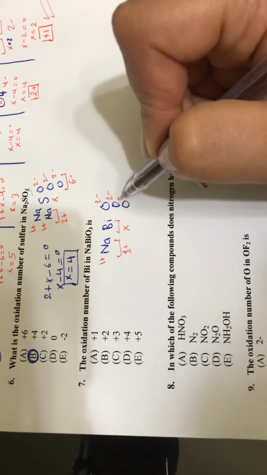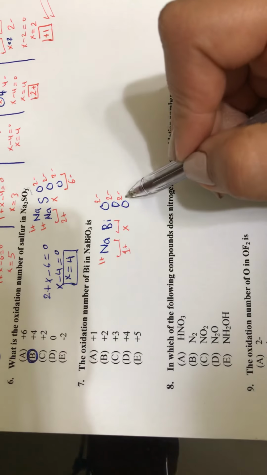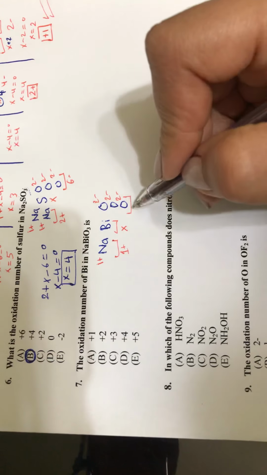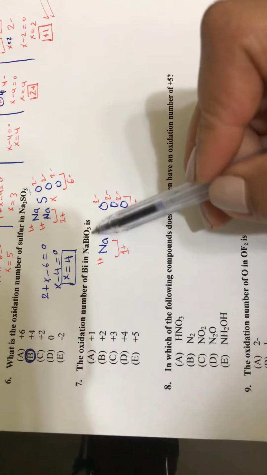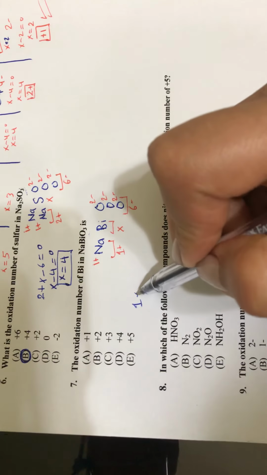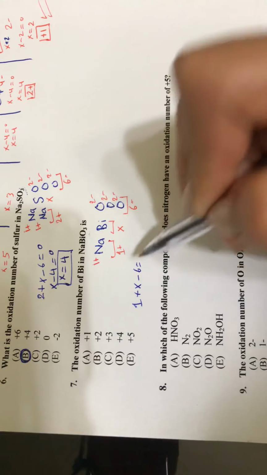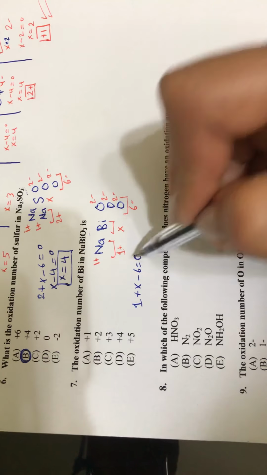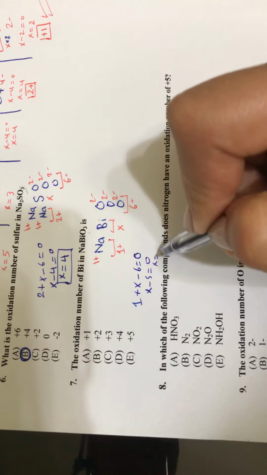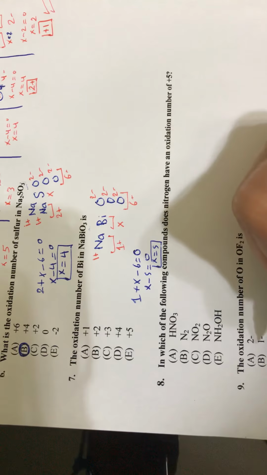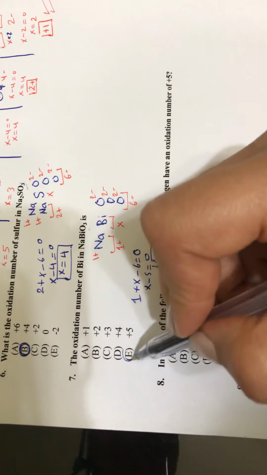And the oxidation number of oxygen is -2. You have 3 oxygen atoms, so the total is -6. It's a neutral compound, so 1 plus x minus 6, the total must be equal to 0. So x minus 5 equals 0, x equals 5. So the answer is E.